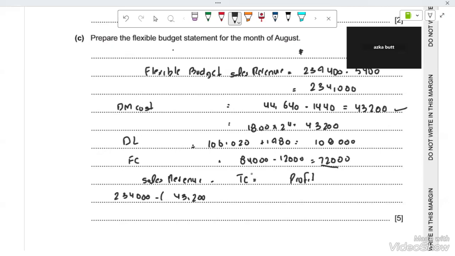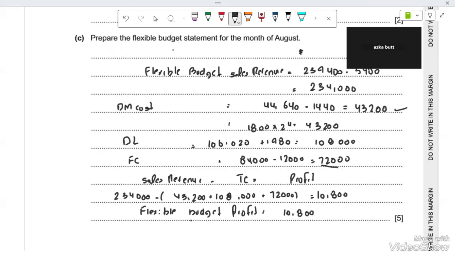Now we are going to add all the costs, whether this is material cost or fixed cost or direct labor cost. 43,200 plus 108,000 plus 72,000. So this is equal to 10,800. So flexible budgeted profit is equal to 10,800.